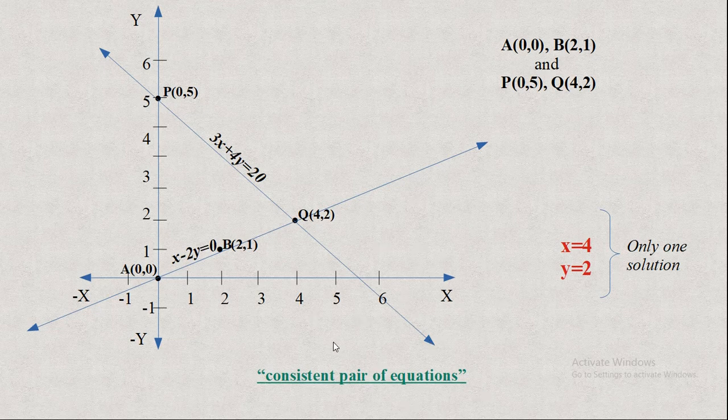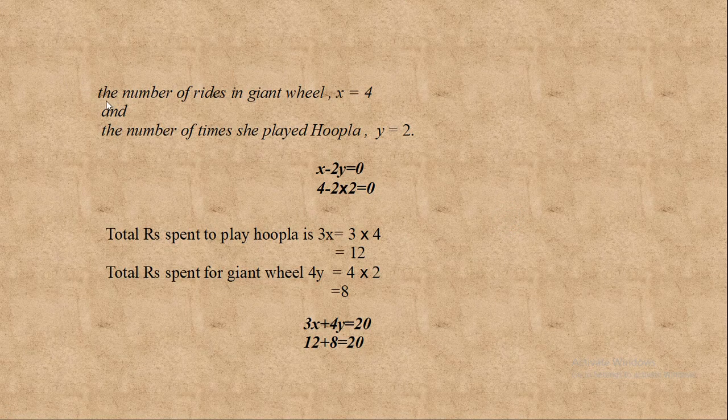Okay, now we are just substituting the values of x and y, and we can see the solutions here. That is, the number of rides on the giant wheel was taken as x, and we now have the value x equal to 4, and the number of times she played hoopla was taken as y, and now we have the y value equal to 2.